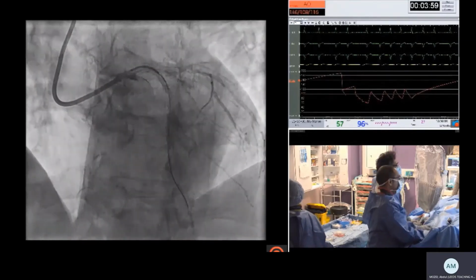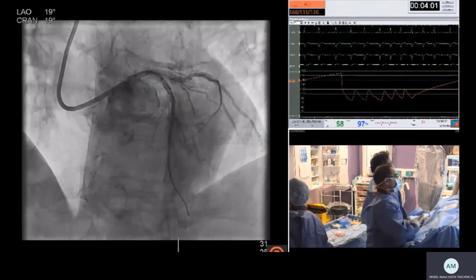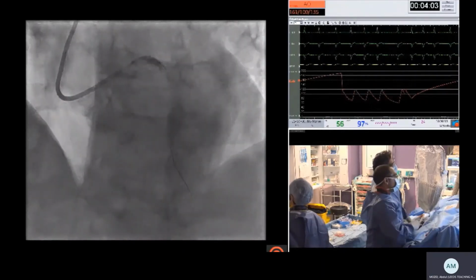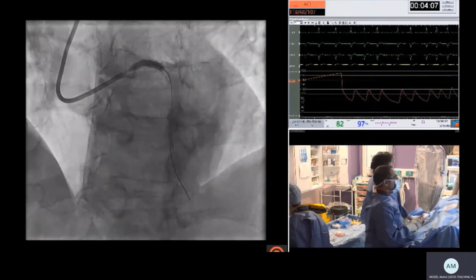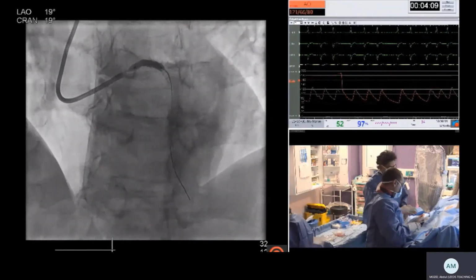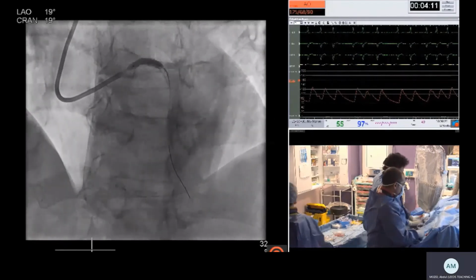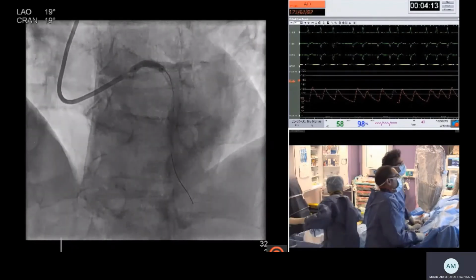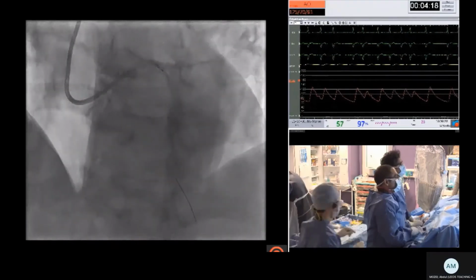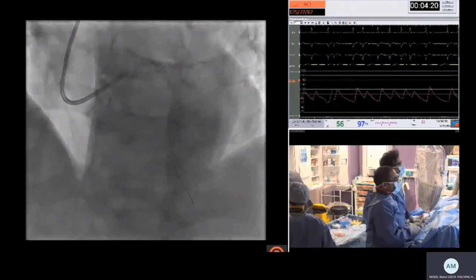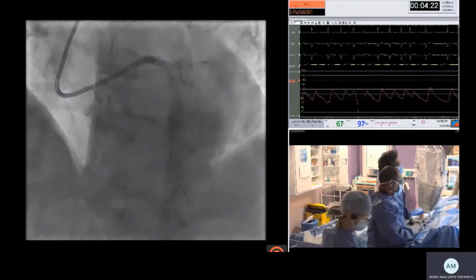This was a 3.5 millimeter stent. It's important to know the different stent platforms. This particular platform, the Xience drug-eluting stent, the 3.5 can be expanded all the way up to 5.6, which covers most left main stem dimensions.